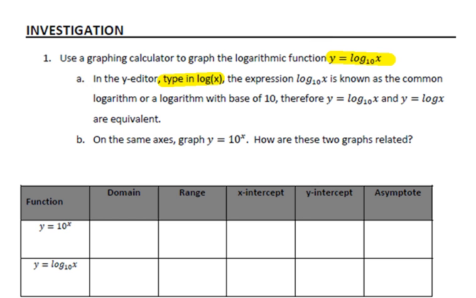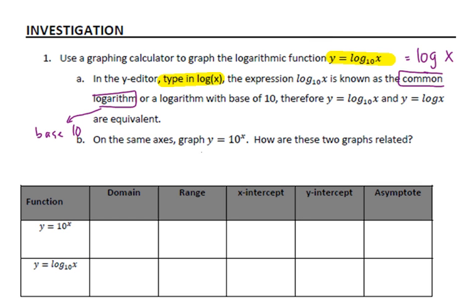If you don't write a base, it's always 10. If I write log x, these are the same things. The common logarithm is base 10.